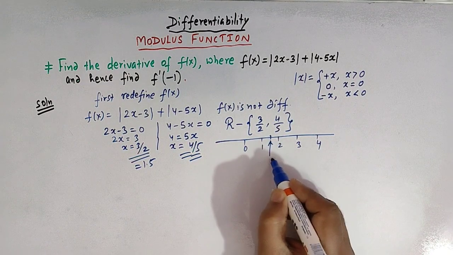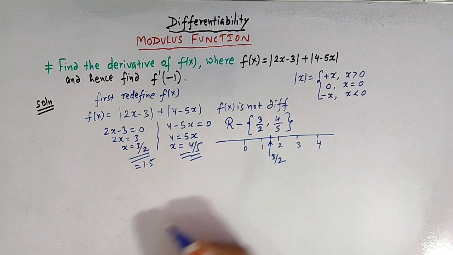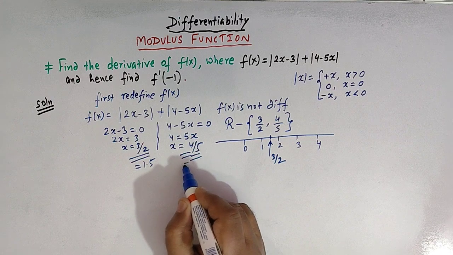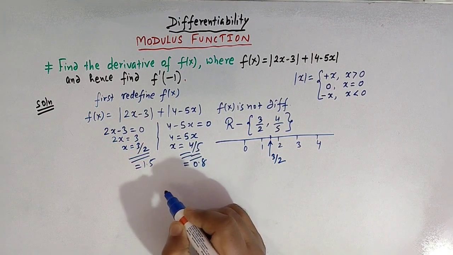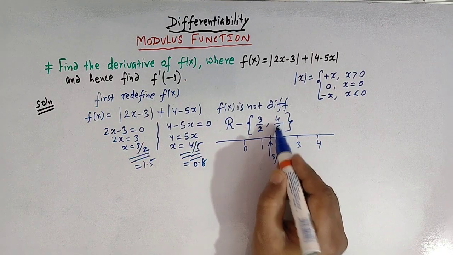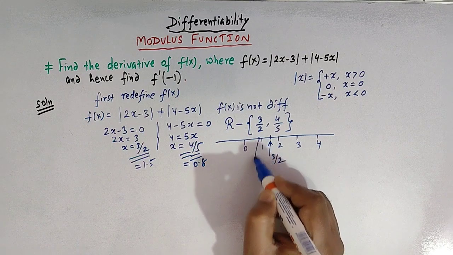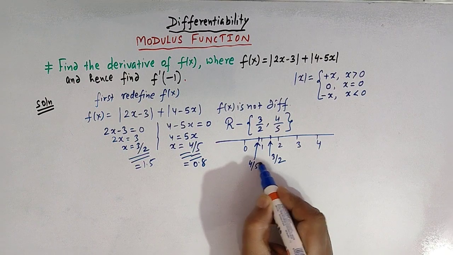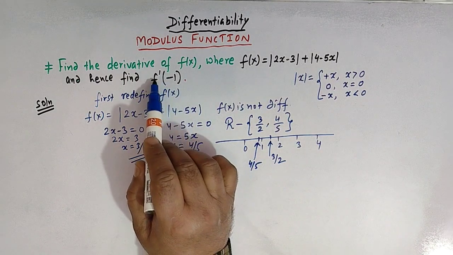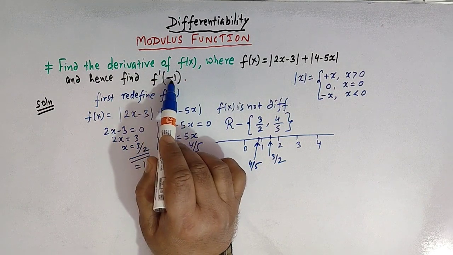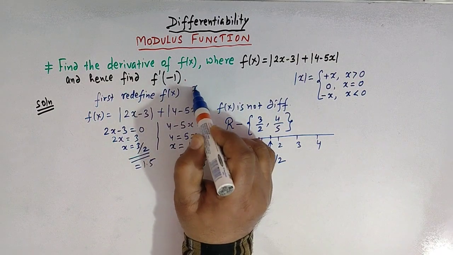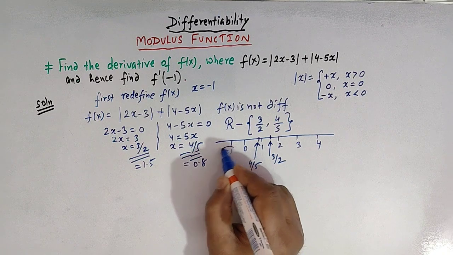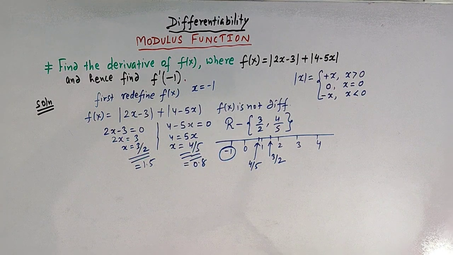This point is 3 by 2. And this point is 4 over 5, that is equal to 0.8, and it lies somewhere here. We have to find the value of the derivative at x is equal to minus 1, and here we have this point minus 1.